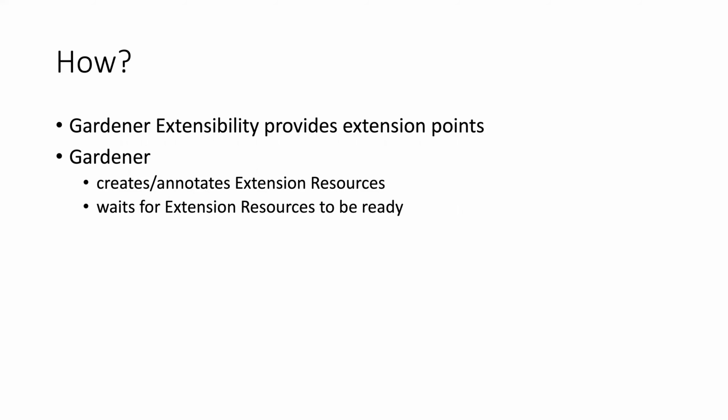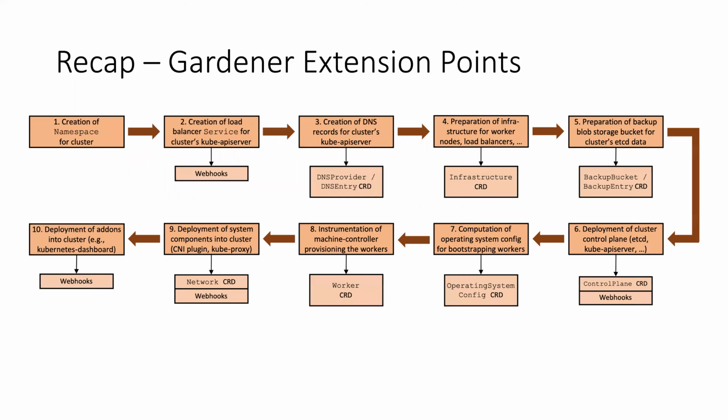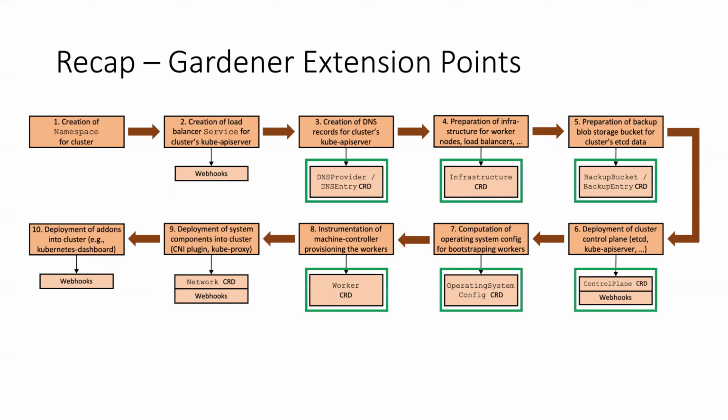So quick recap. Here's a simple scheme of how the shoot cluster reconciliation is working at the moment. And we see here those extension points. Basically, those are all CRDs on the seed cluster, like DNS provider, infrastructure, backup stuff, control plane, operating system, workers, and network.